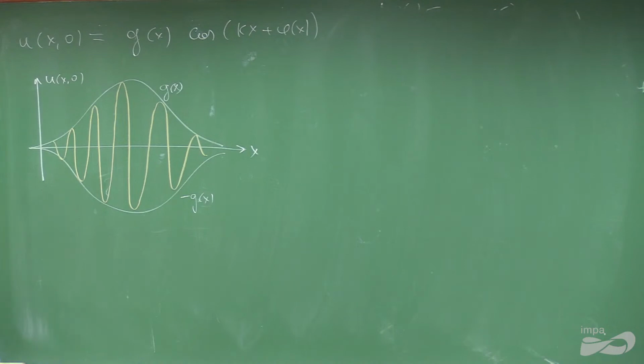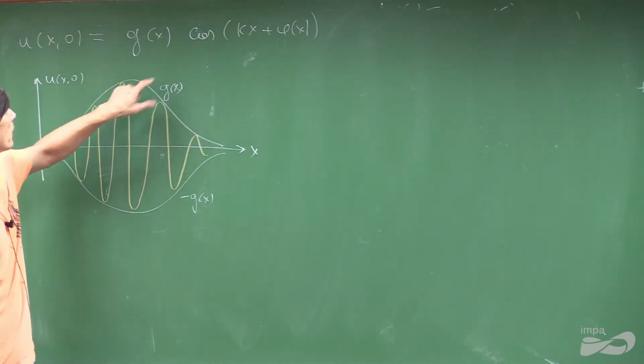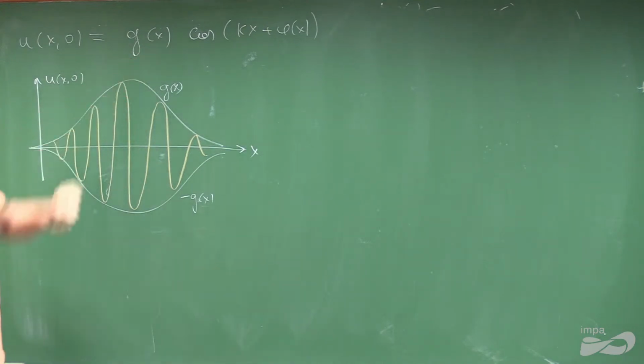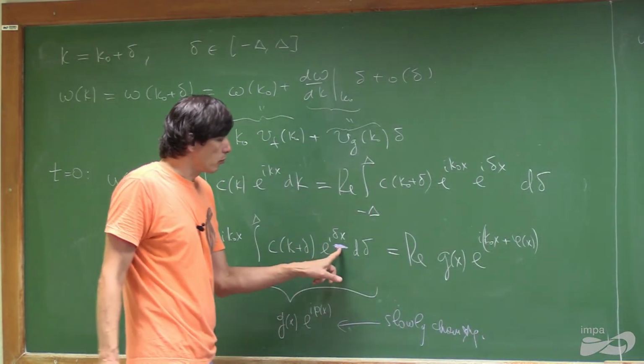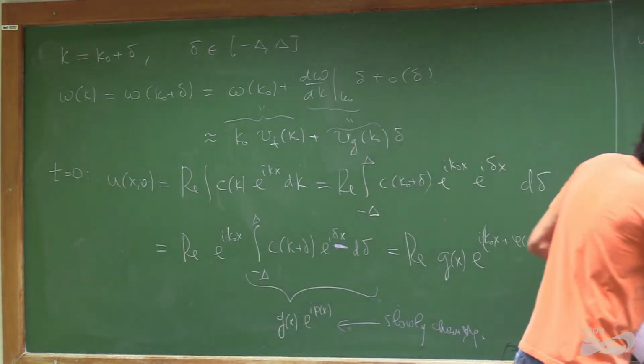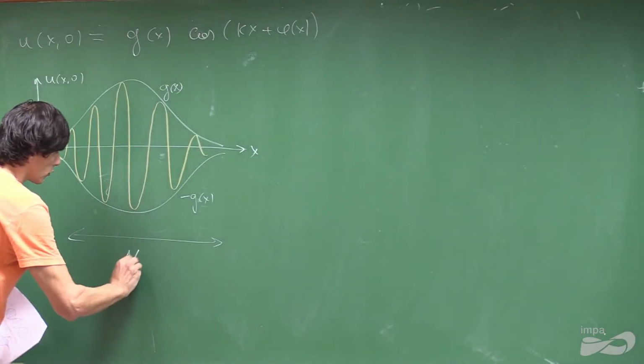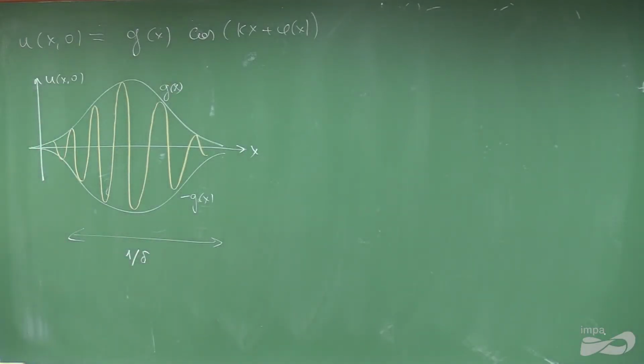So we see that taking this integral, we have something in the form of a pulse where the envelope is given through such an integral. This function is changing over distances of order 1 over delta.